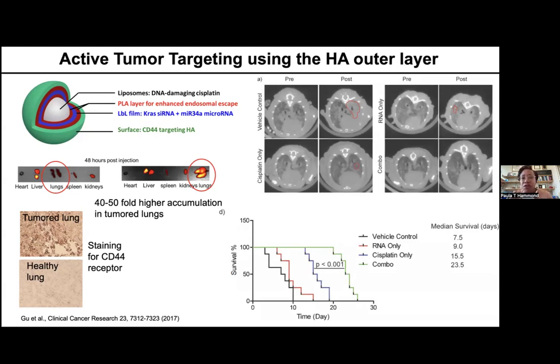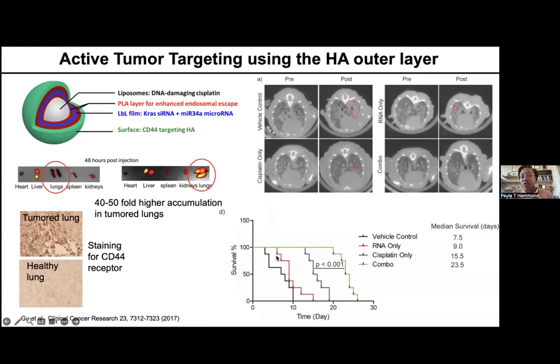Here we're looking at results from an animal study, and we used red tracing to show the tumor because we didn't have labeling of the tumor in this model. And what you can see is the animal that is untreated had large tumors. If we just introduce the RNA, or we just introduce the cisplatin alone with the nanoparticle, we see there's some reduction.